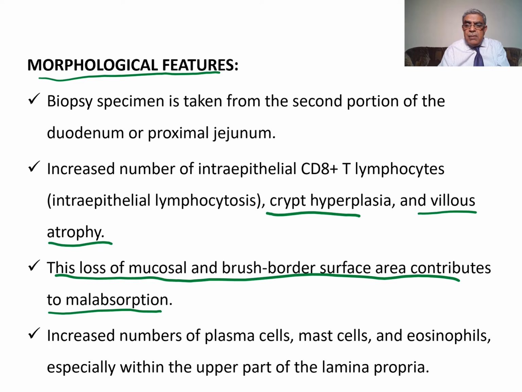Increased numbers of plasma cells, mast cells, and eosinophils are seen especially in the upper part of the lamina propria. Now it is a very important point that interpretation of the results is done by combining serological and histological features together.